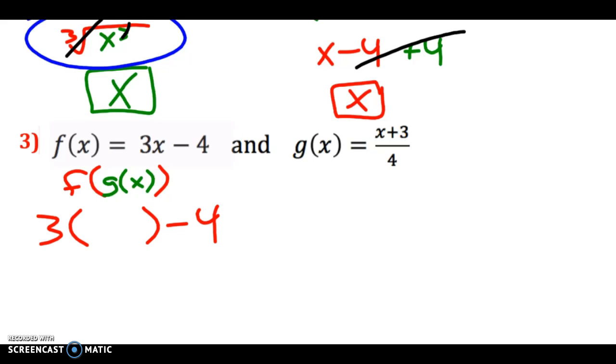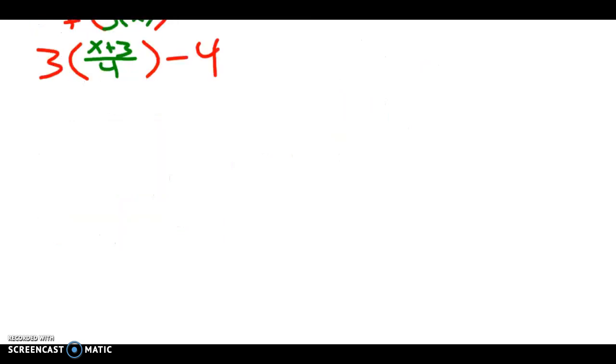We're plugging our g function, which is x plus 3 all over 4, into that. Let's see here. Ooh, this one doesn't cancel out quite as nicely. That's a total bummer. Well, if I make this prettier, this is going to be 3 times x plus 3 all over 4, minus 4.